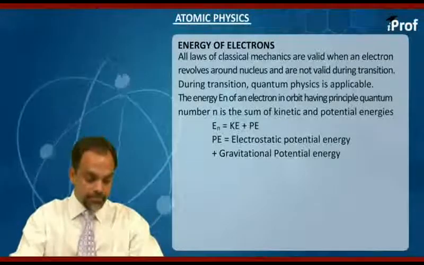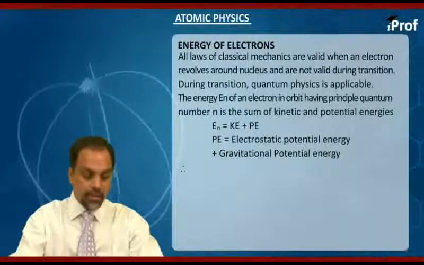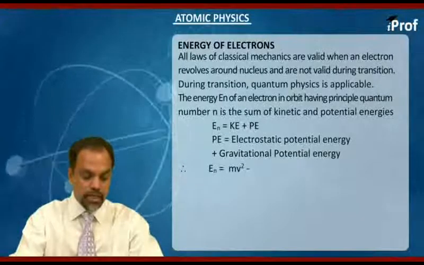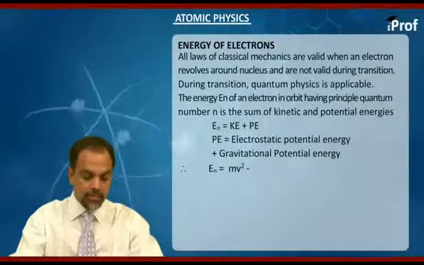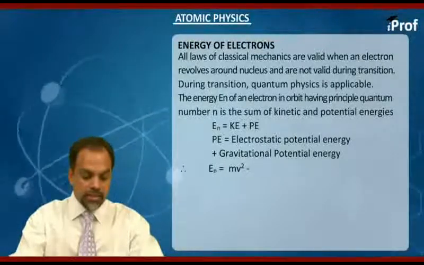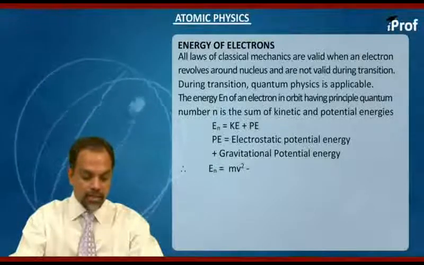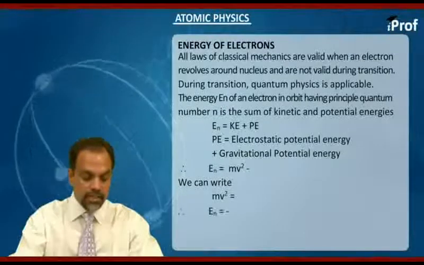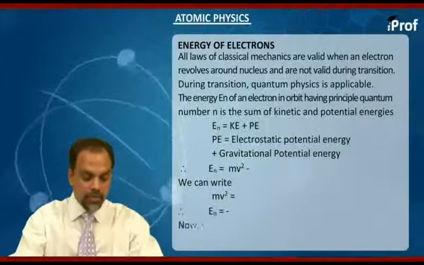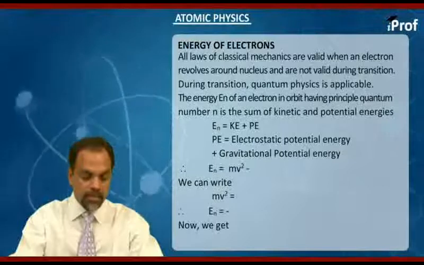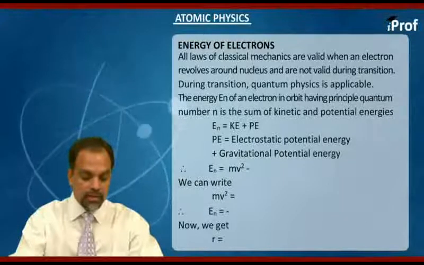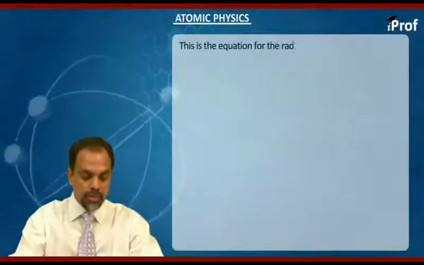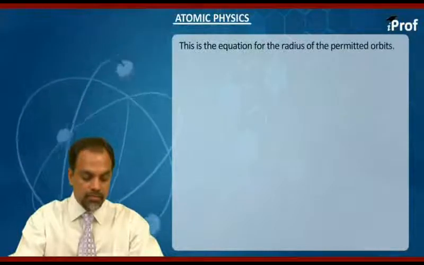So here we write energy, denoted by E with n in subscript, equal to kinetic energy plus potential energy. As I said, the nucleus has been assumed to be at rest and gravitational potential energy is being ignored. So we can write the expression for energy: En is equal to half mv square minus k Ze square by r, where r is the orbital radius and k is a constant equal to 1 over 4 pi epsilon naught, and Z is the atomic number.